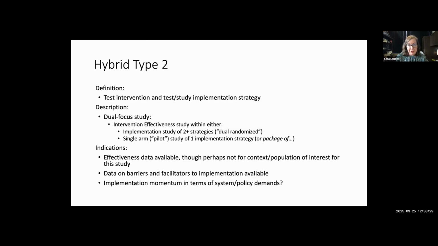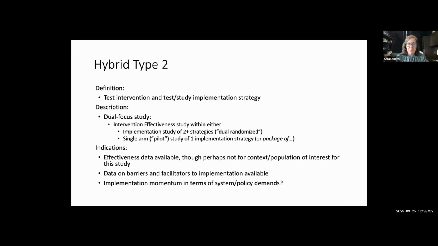Our colleague Brian Garner, I think, wrote the most elegant dual randomized hybrid type 2s. So I think I have one of his examples, but his were the most elegant, and you can read them and think, oh my gosh, that was a lot of juggling. So we see less of those because they're a bit more difficult to pull off.